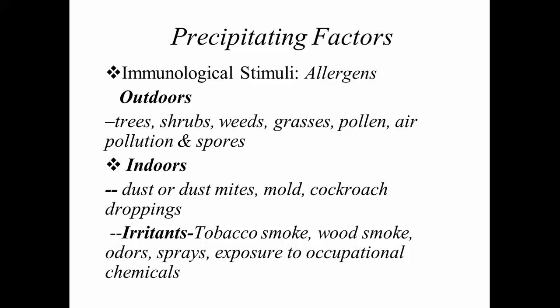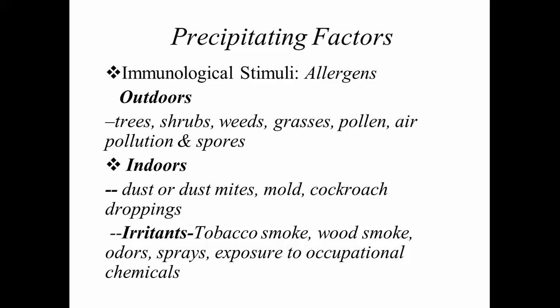Then there are indoor stimuli or allergens, such as dust or dust mites, mold, and cockroach droppings. All of these can precipitate an asthma episode if a person has allergies to these stimuli.